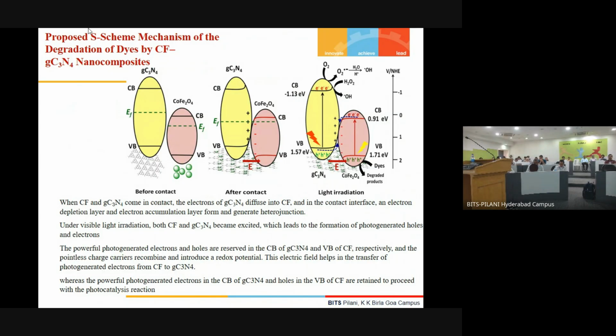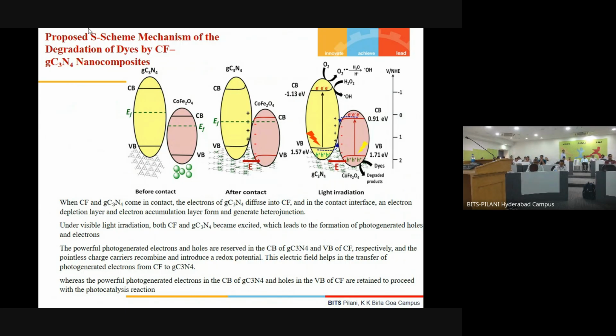When the two semiconducting materials come in contact, they adjust their Fermi level, and an electron deficient center generates at the interface, and an electron rich center also generates. When the junction is exposed to solar light, holes and electrons generate, and some electrons and holes combine with each other, but the strong reducing electrons and the strong oxidizing holes remain, and they generate OH minus and OH dot.